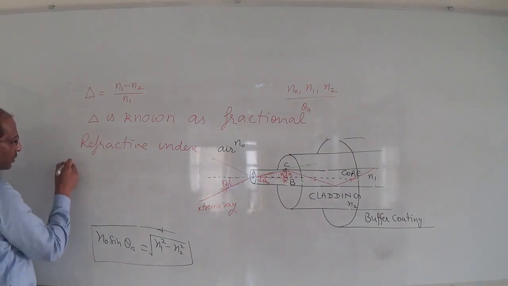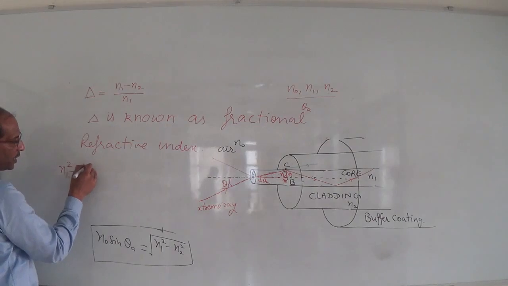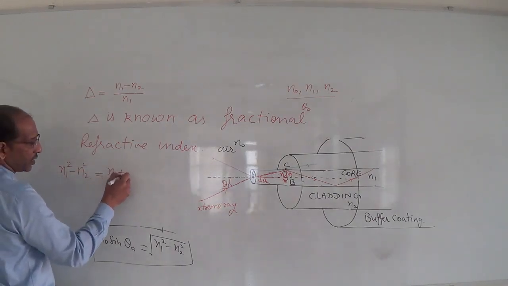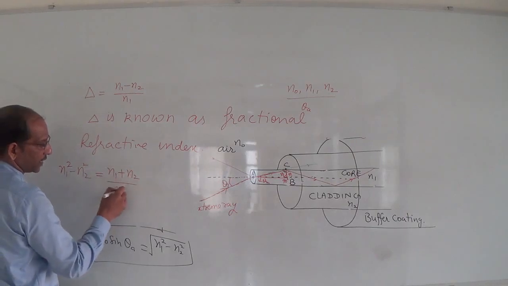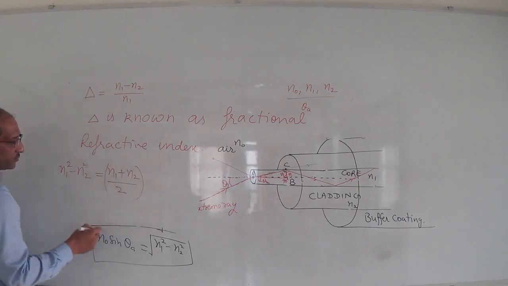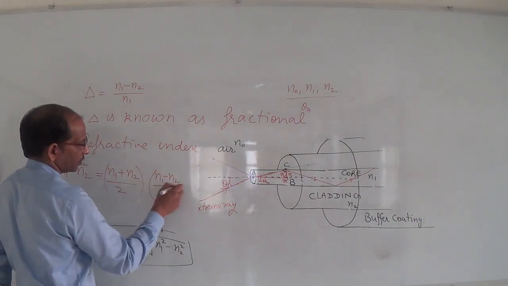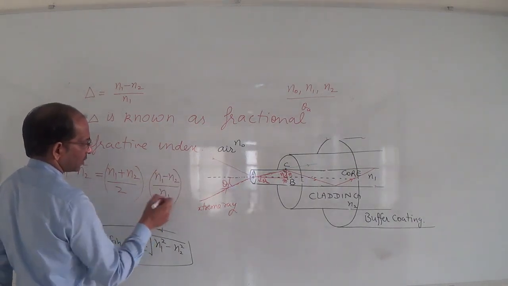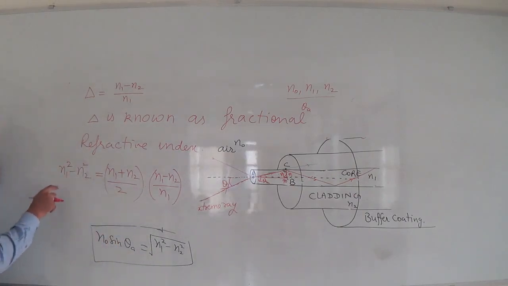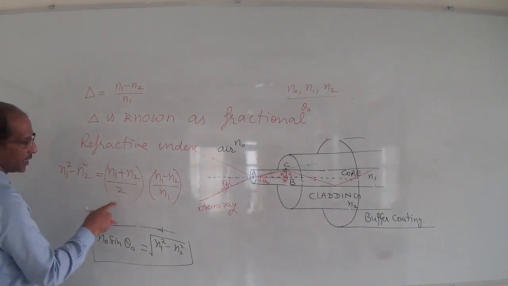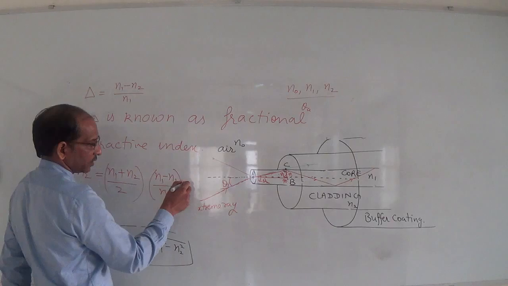So n1 square minus n2 square can be written as n1 plus n2 divided by 2, into n1 minus n2 divided by n1. What I did here, I just broke up this difference of squares and multiplied by 2n1 and divided by 2n1.